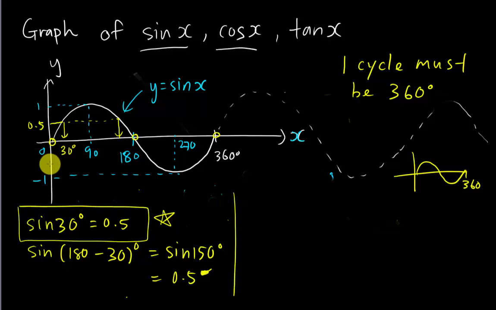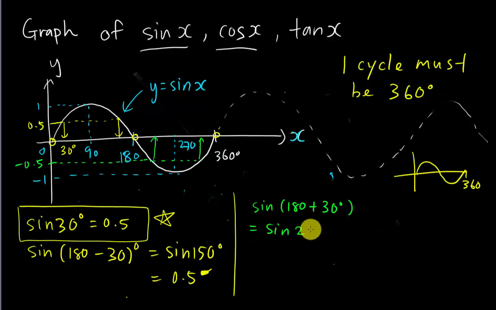Okay, so example. How about negative 0.5? If it is negative 0.5, something similar will happen. You will touch two values over here. So how do I know what these values are? The first one will be sine 180 plus 30 degrees, so basically it is sine 210.